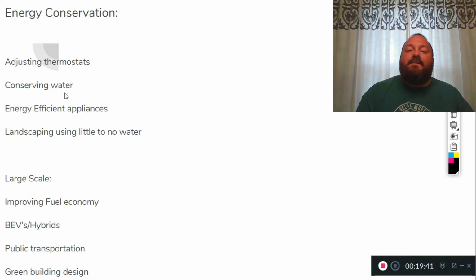The other thing we can do is something you don't link to energy usage, but conserving water. You take it for granted that when you turn the water faucet on, water comes out, but it takes electricity to power that water. Not in your house, but at the municipal level. The pumping stations have to pump that water and pressurize the lines. By pressurizing the lines, that allows it to flow into your house.